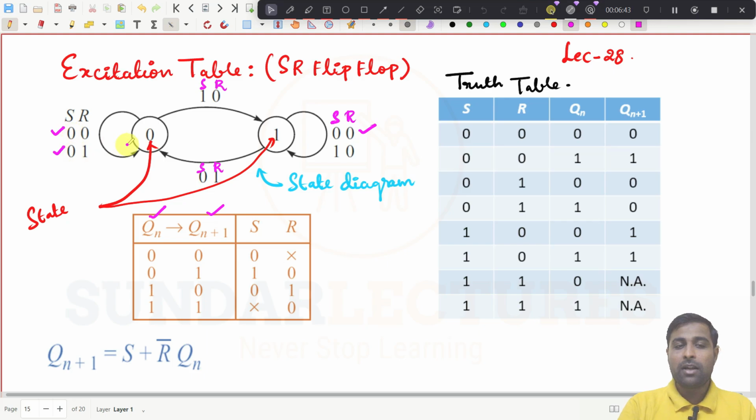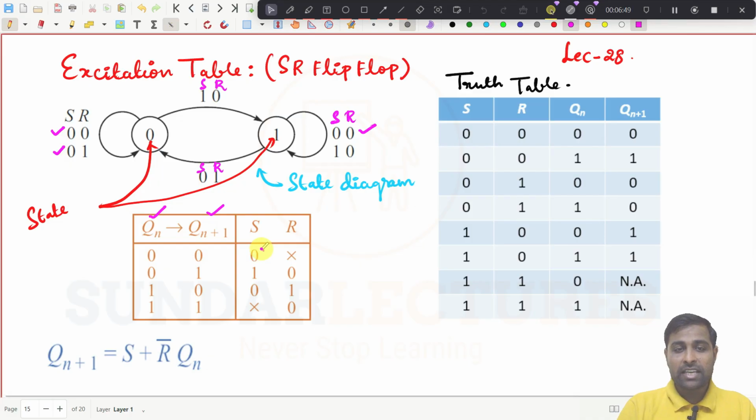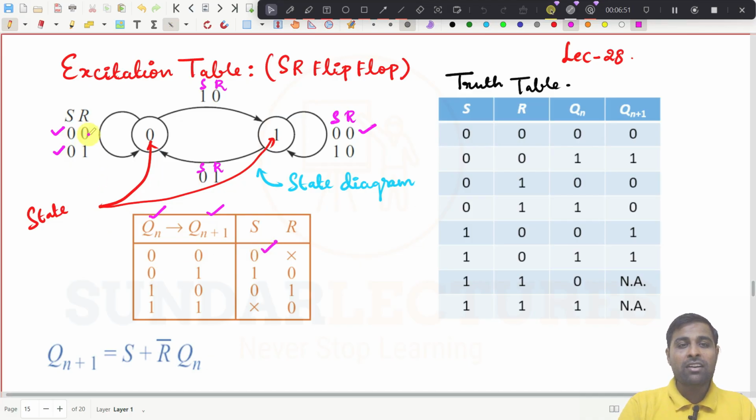Am I right or wrong? If the present state is 0 and the next state is also 0, S must be 0, but R can be 0 or 1. So what I can do now is put X. It can be anything. If S is 0, then whether R is 0 or 1, the next state will be retained as 0. That is what we have written here.